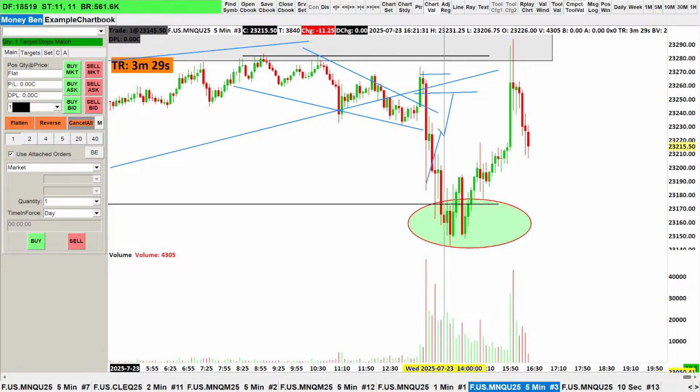Follow your rules no matter how the market is. Yeah, tell me about it. Hold on, let me see if I can get this thing back real quick. Nasdaq's been trash in July. Yeah, man.